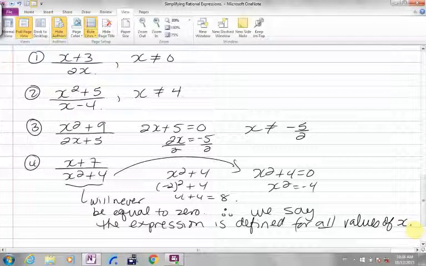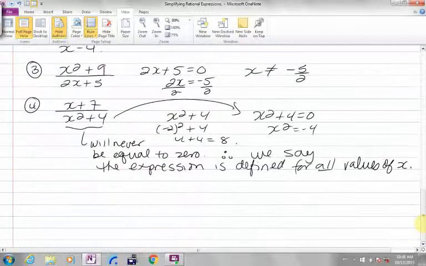Okay? So there are no restrictions, there are no non-permissible values for this particular expression, because there's no values that will ever make that denominator equal to 0. So many times you'll have non-permissible values, but not all times will you. So you have to be able to define and figure out when those two scenarios occur. Okay, one last one.